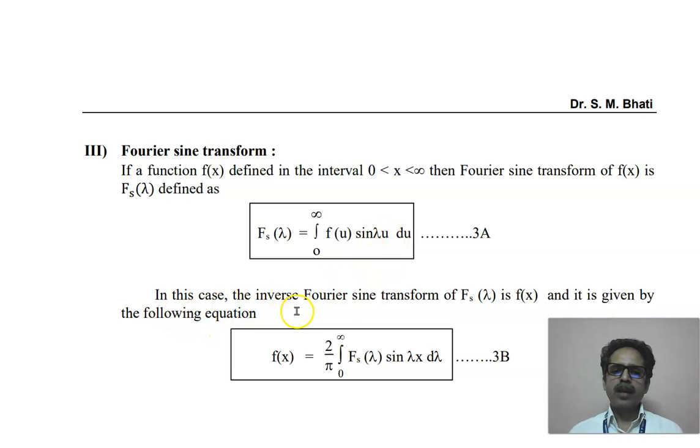In this case, the inverse Fourier sine transform of Fs lambda is f of x, and it is given by the equation f of x is equal to 2 upon pi integration 0 to infinity capital Fs lambda sine lambda x d lambda. We call this equation 3a and this equation 3b.